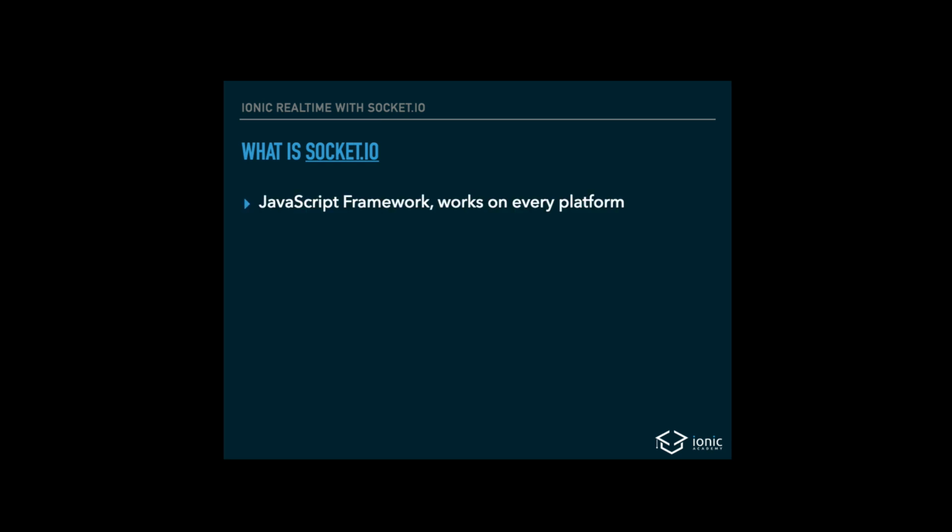So basically, it's a JavaScript framework, and the marketing says it works on every platform, and that's true. Also, what defines Socket.io best, I think, is this sentence. So it enables us to use real-time bi-directional event-based communication.